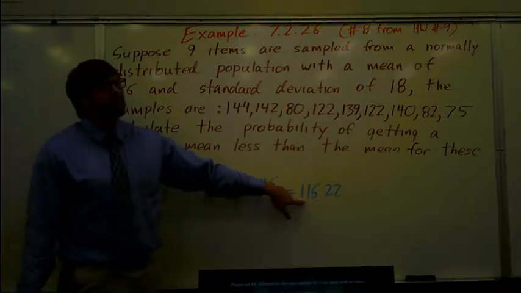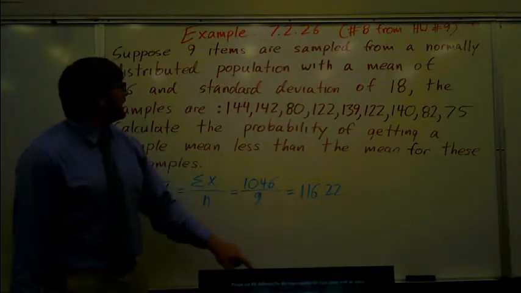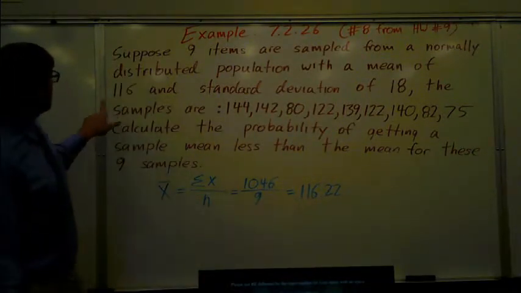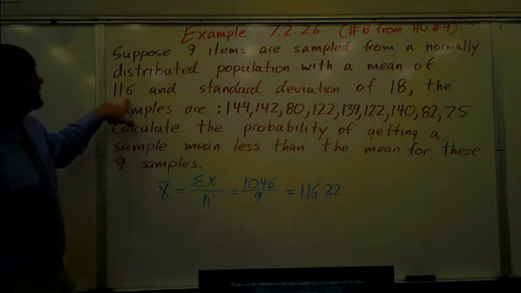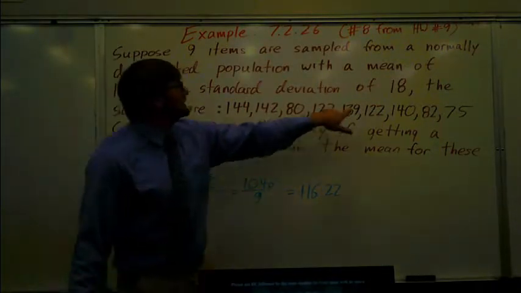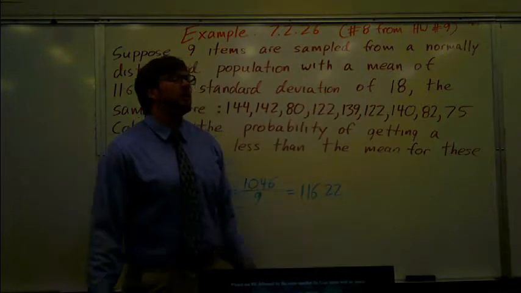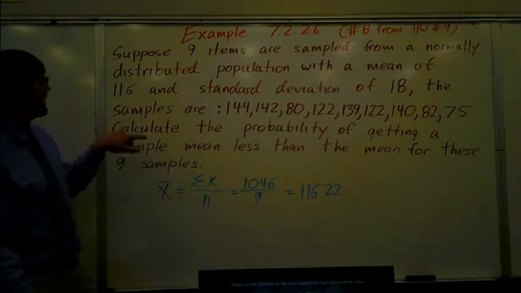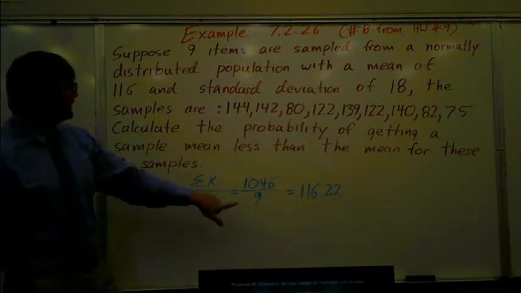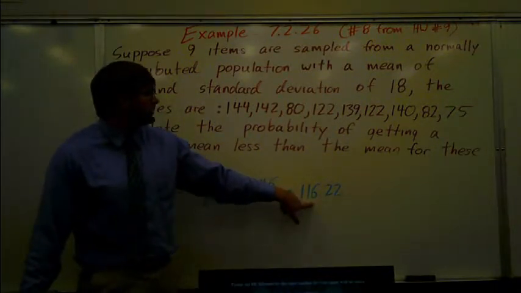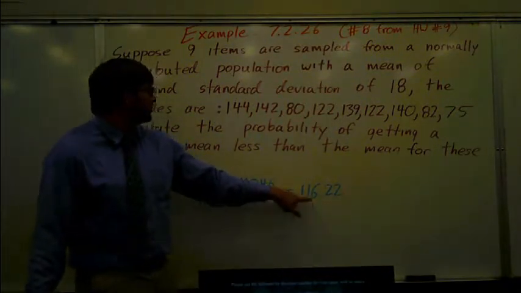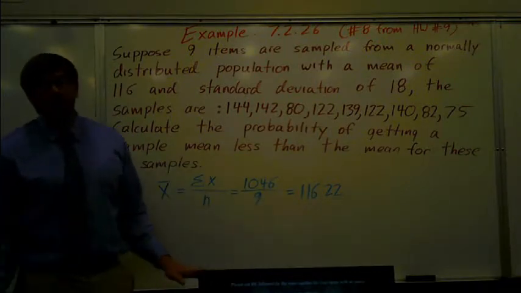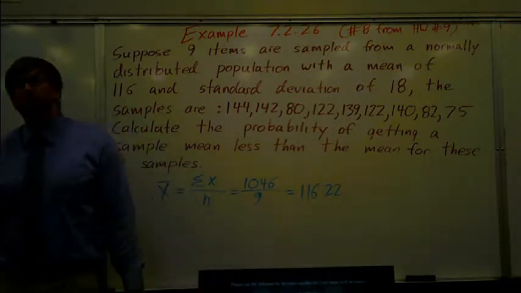So now basically the question's asking us, if we have a mean of 116 and a standard deviation of 18, what's the probability of, when taking a sample of 9, getting a sample mean of 116.22 or less? And I'm going to erase everything, that way I can show a little bit more work here.